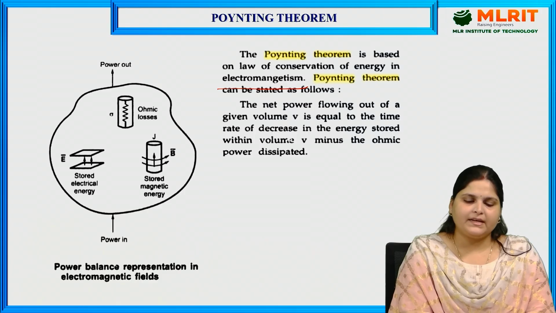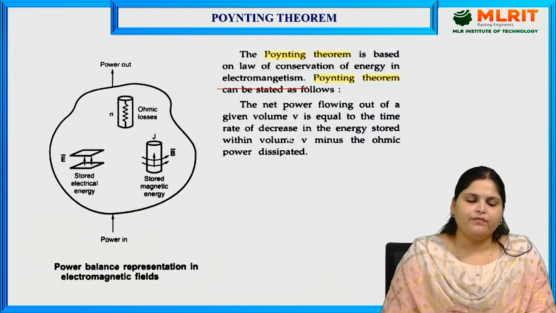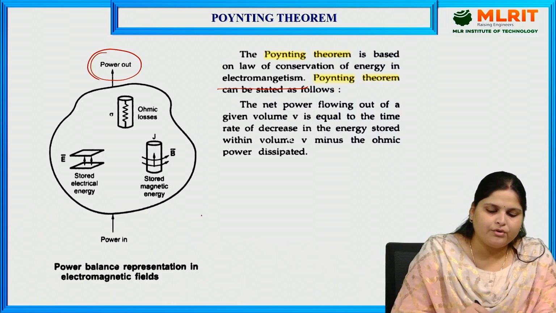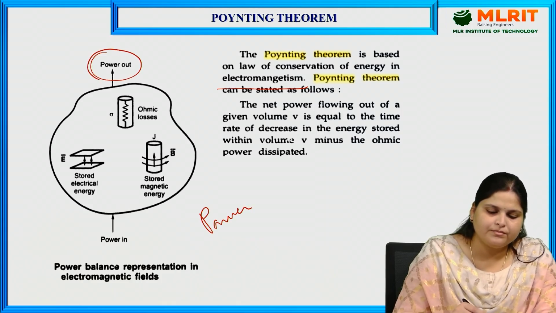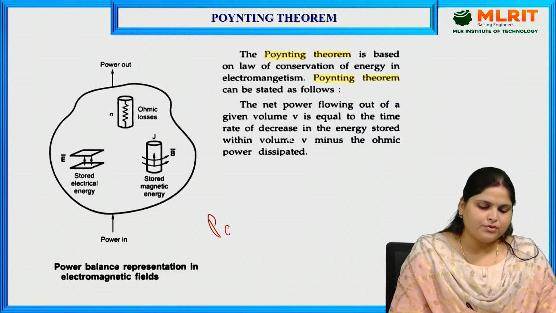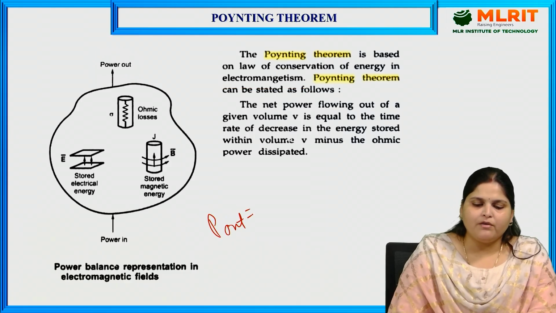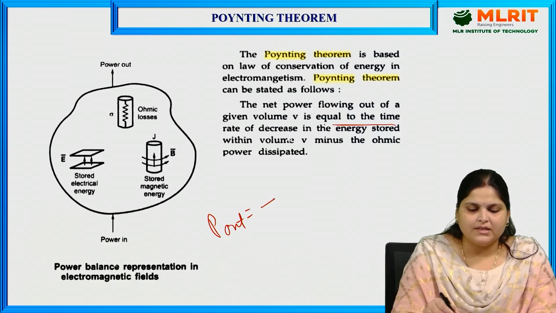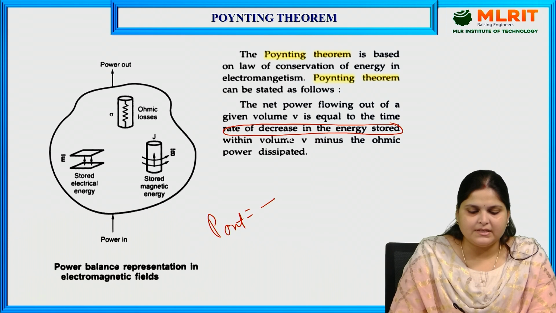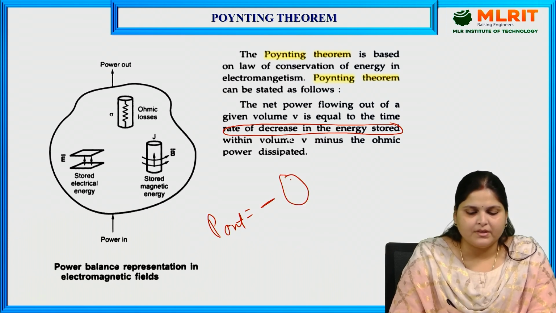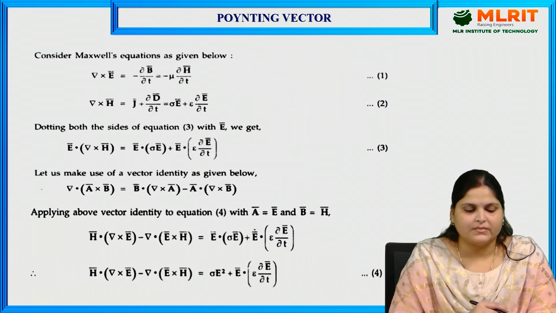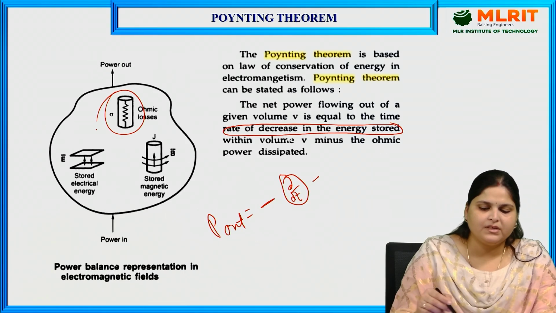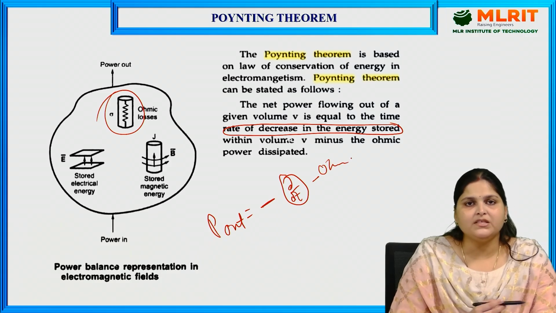It can be stated as: the net power flowing out of a given volume will be equal to the time rate of decrease in energy stored in this volume. Decrease means negative, okay, dou by dou t, minus the ohmic power dissipated. The ohmic power dissipated means loss.